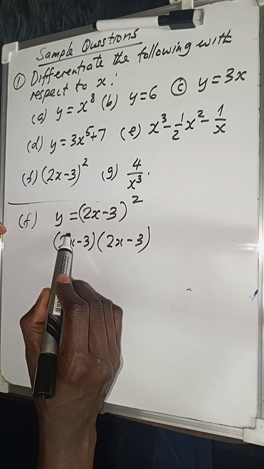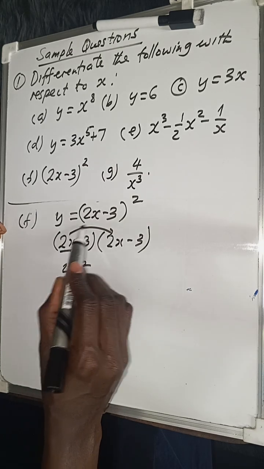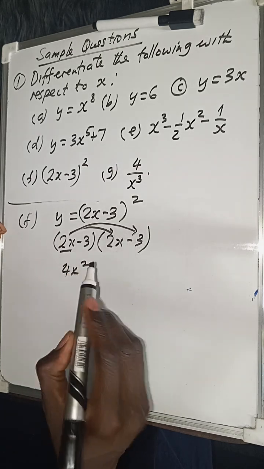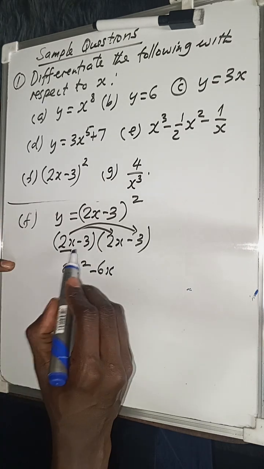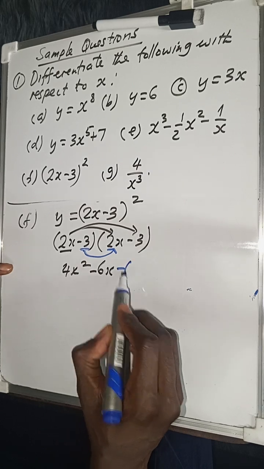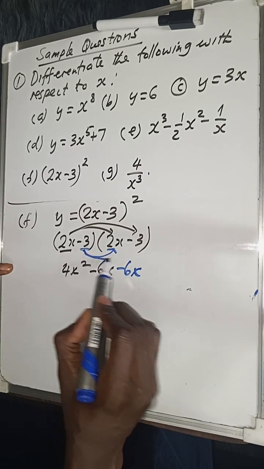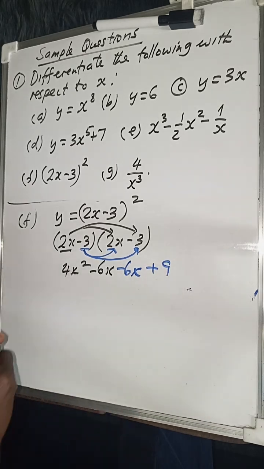So 2x times 2x will give me 4x squared. 2x times negative 3 will give me negative 6x. Then we come to this side. Negative 3 times 2x will give me negative 6x. Negative 3 times negative 3 will give me a positive 9. You can add the like terms.